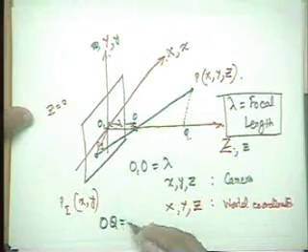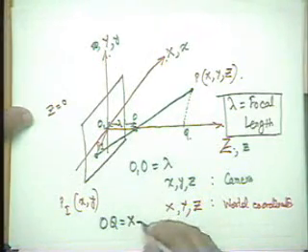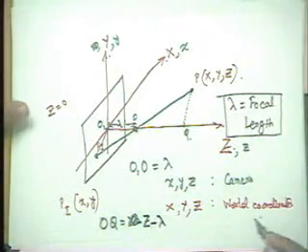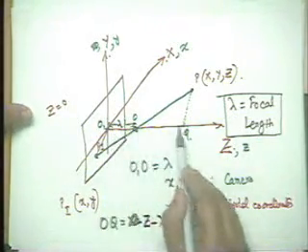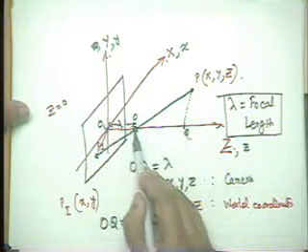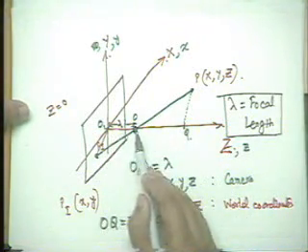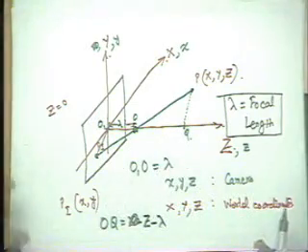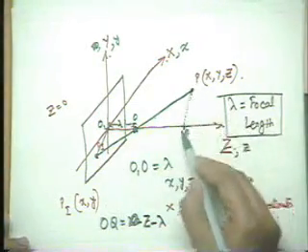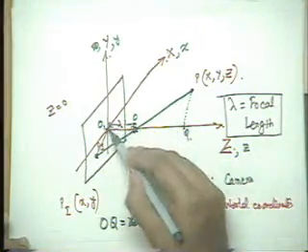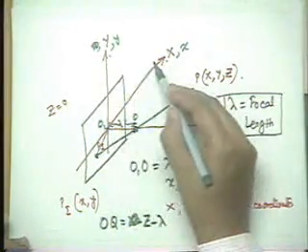OQ is going to be capital Z minus lambda, because the distance O1Q is equal to capital Z and the distance O1O is lambda. So, what we have for OQ is Z minus lambda. Now, considering this similar triangle, this distance PQ will indicate capital X, because this is along the X axis.